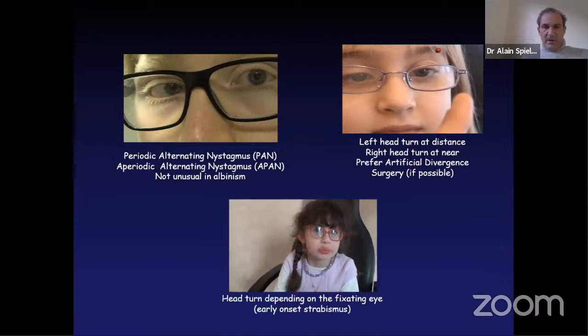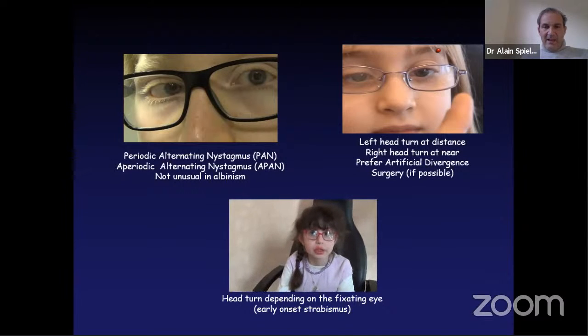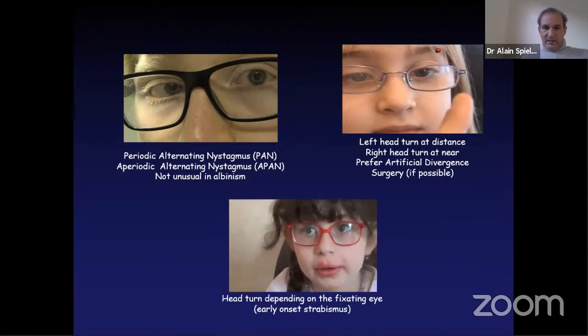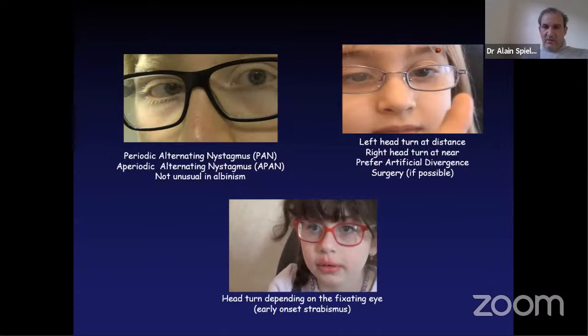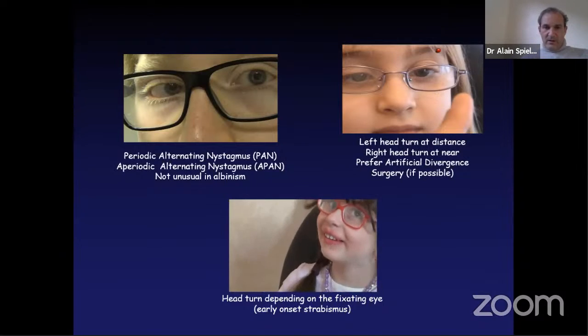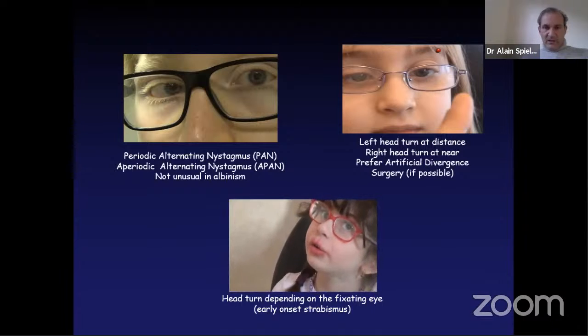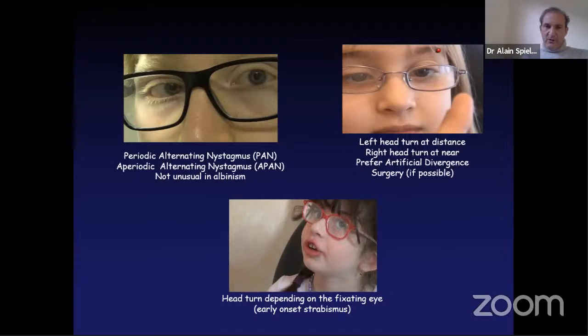But you can make her left eye fixating if you ask her to change, and the head turn will be the opposite. This is a situation where you will have to be careful regarding the main head turn and the other less frequent head turn.